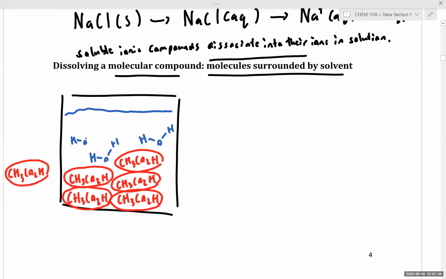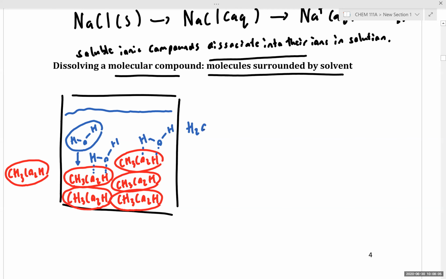So again, just like before, the dissolving process is based on proximity and collisions. Your water molecules bump into your acetic acid, and then your water molecules and acetic acid begin to engage in interactions.